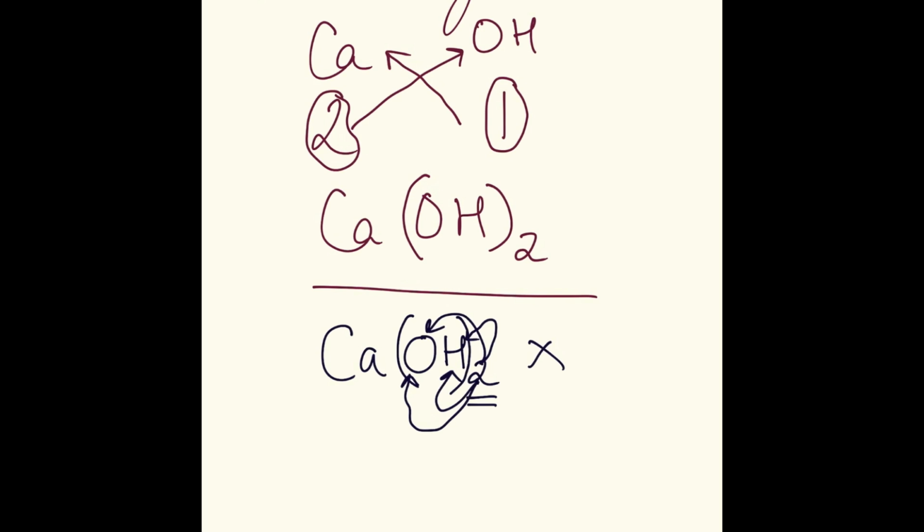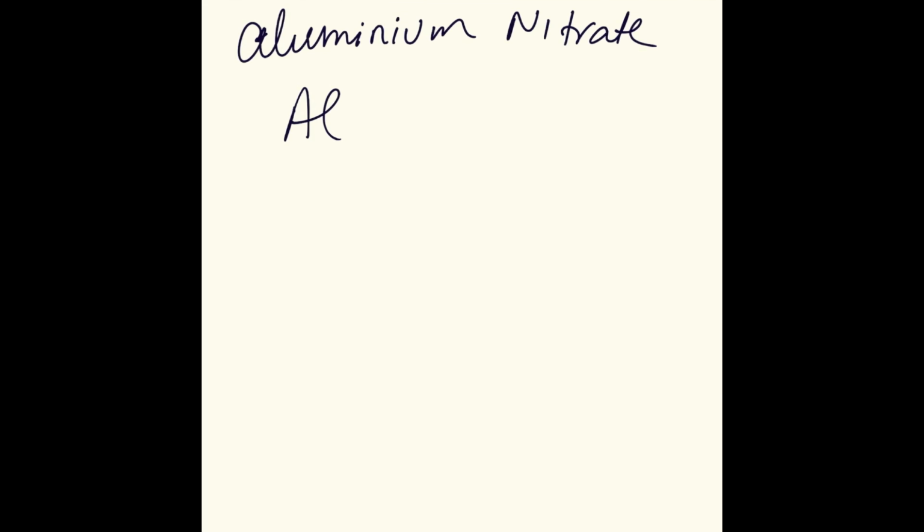Let's do some more examples. Compounds like aluminium nitrate. Same thing, the first step is writing the symbol. The second step is you have to write the valency. Aluminium belongs to group 3, so the valency is 3.